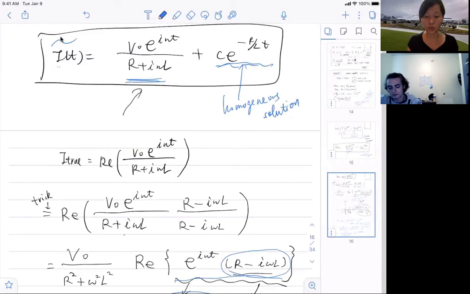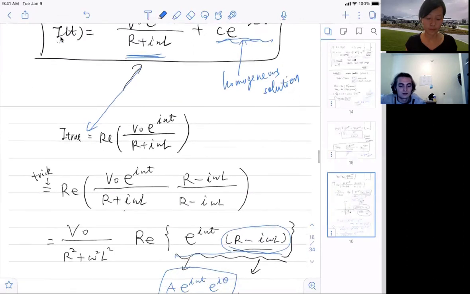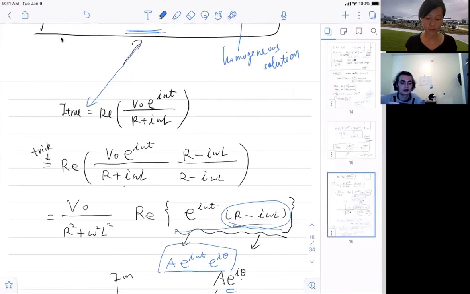Obviously, your final solution would include the second part, but I'm just working on this first part separately. Then I true was the real part of that.